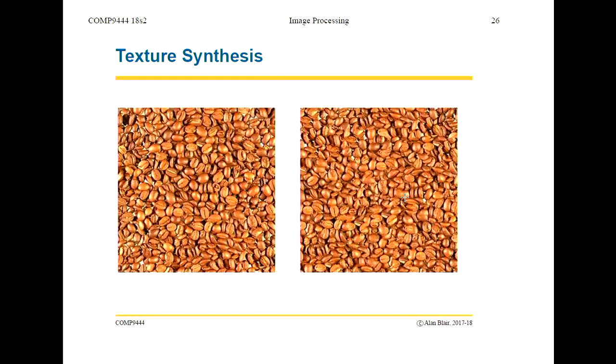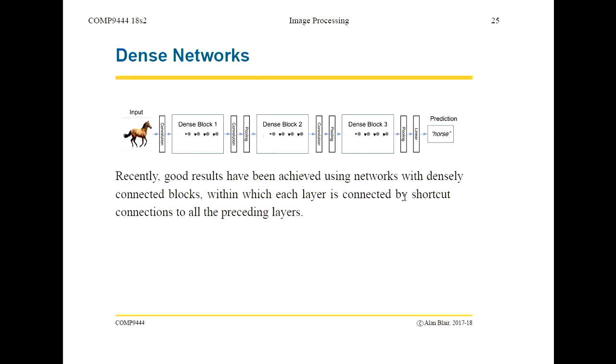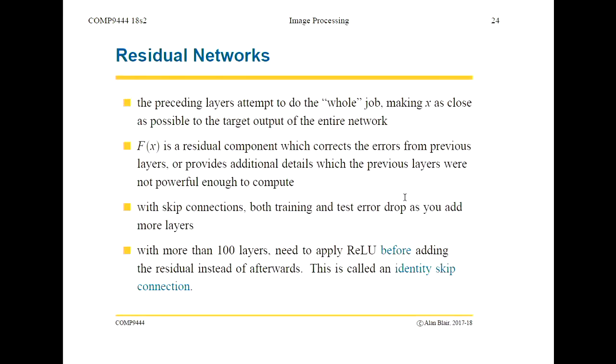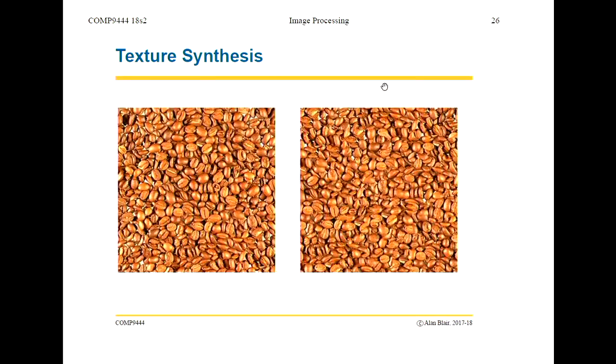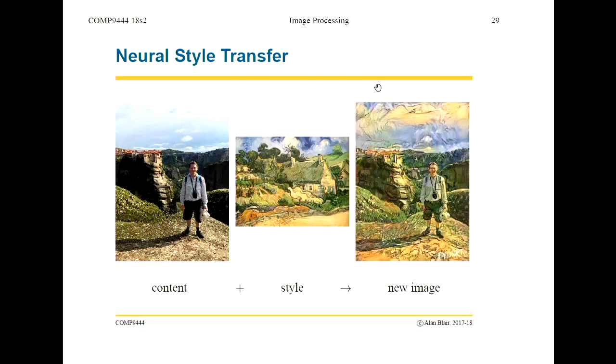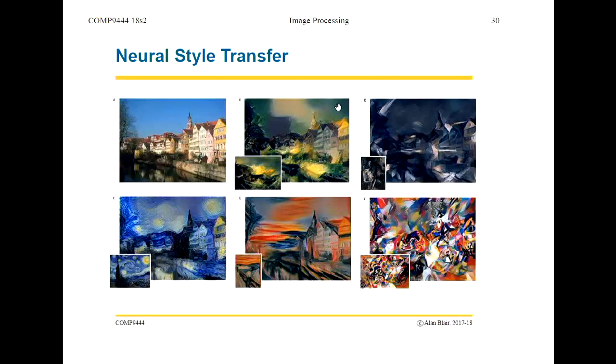Okay, all right. Well, I just wanted to show you a couple of cool things in the time we have left. One of them is neural style transfer. I find this really amazing.